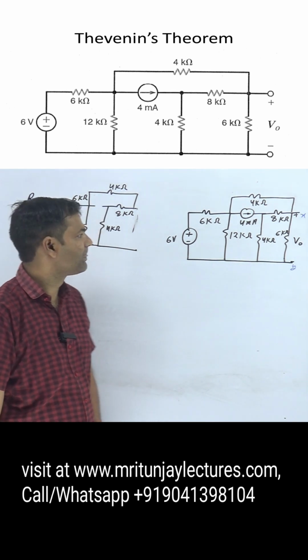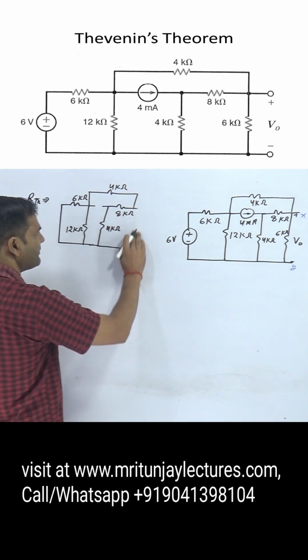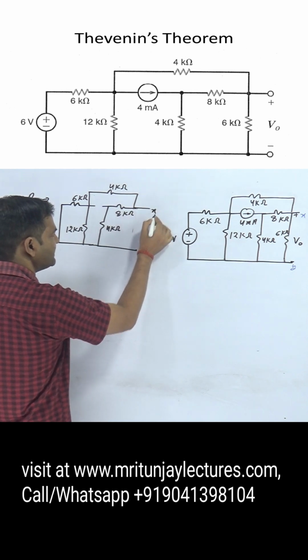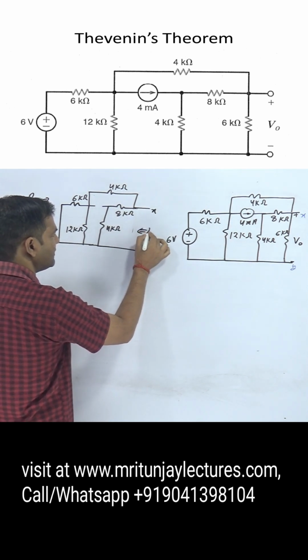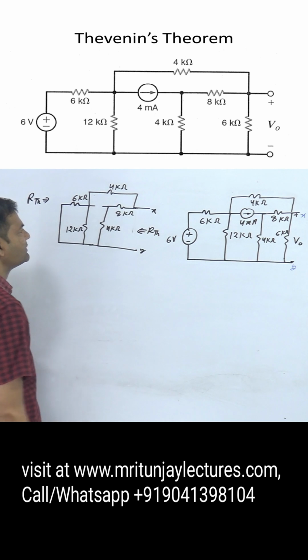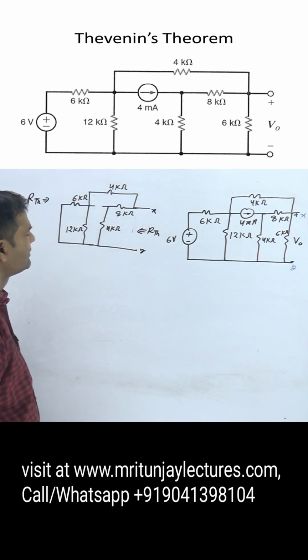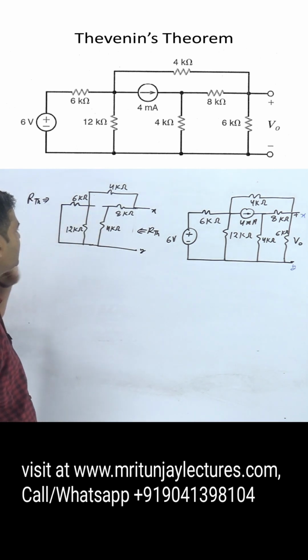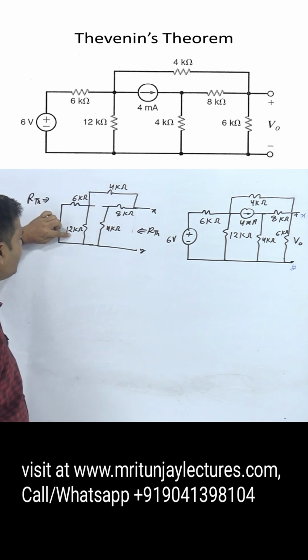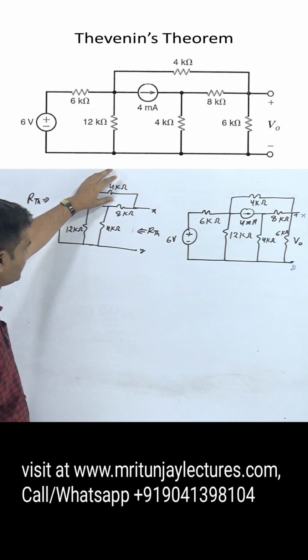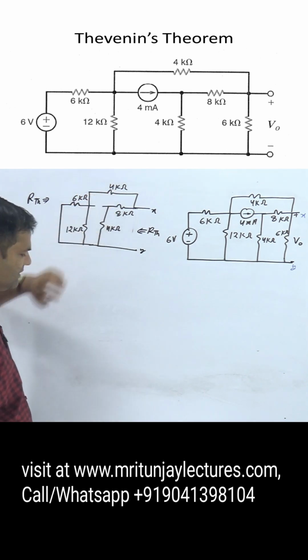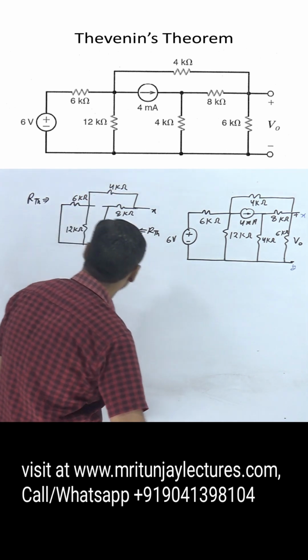Clear or not? We are focused on X, and here Y, that is RTH. This is open and this is short. This one and this one are parallel. The combination of this one with series, and both are series.